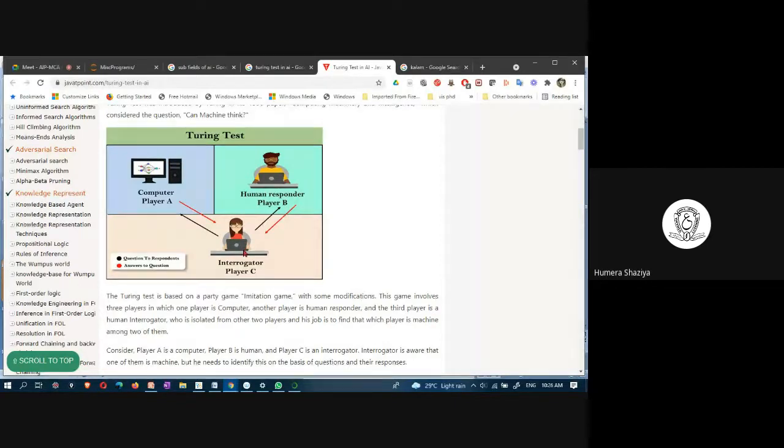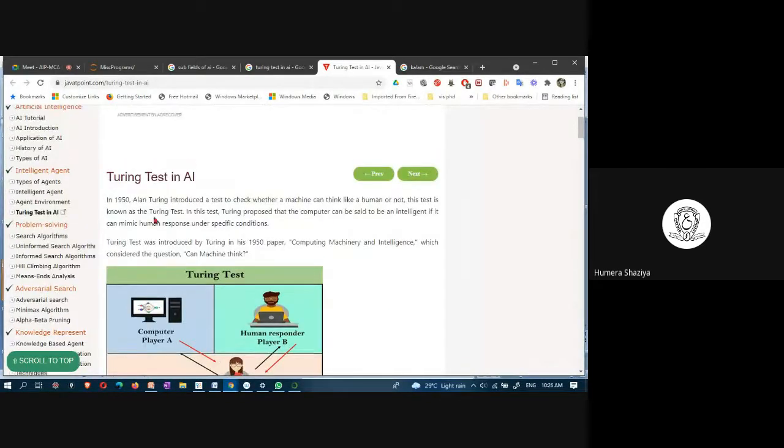The interrogator cannot say that room A has a machine; the interrogator thinks that room A also has a human. This is known as the Turing test. In 1950, Alan Turing introduced this test to check whether a machine can think like a human.